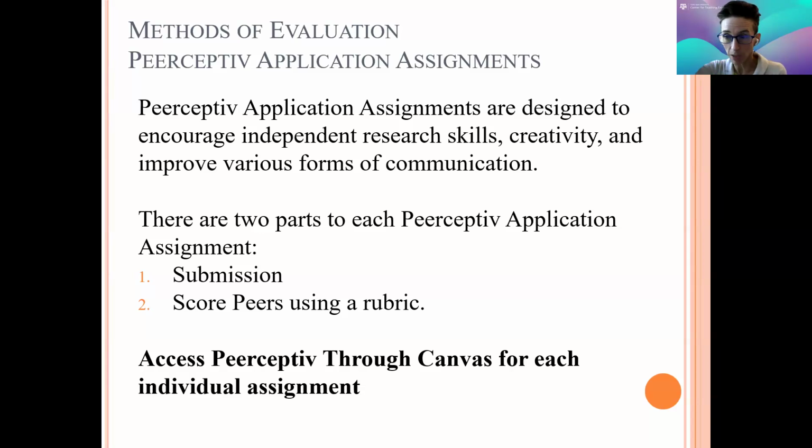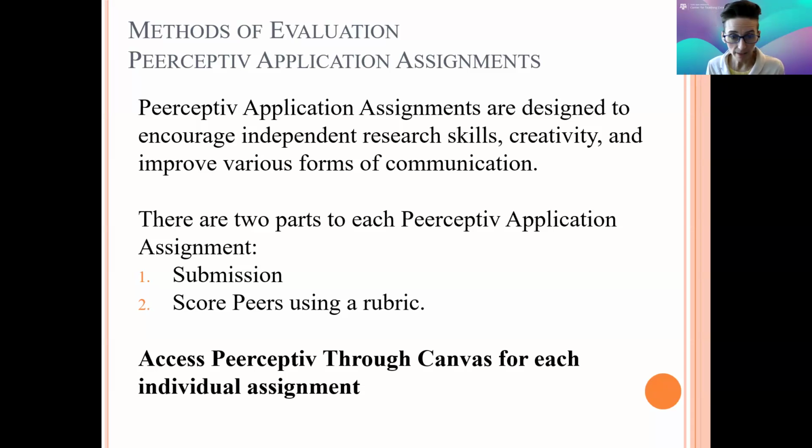So for each Perceptive assignment, there will be a peer review stage where you as a student will be peer reviewing your peers. And this happens in a double blind system. You don't know who they are. They don't know who you are. Everyone's going to have an alias that is a color, like a name, a color, and then a dash, and then multiple numbers.